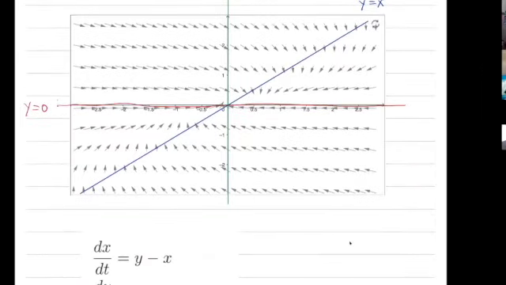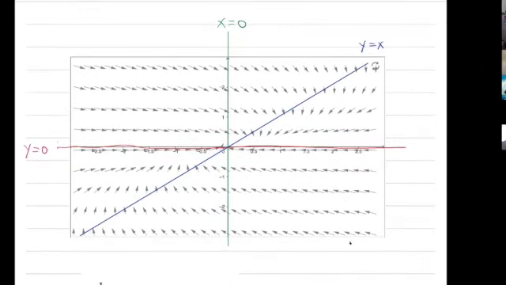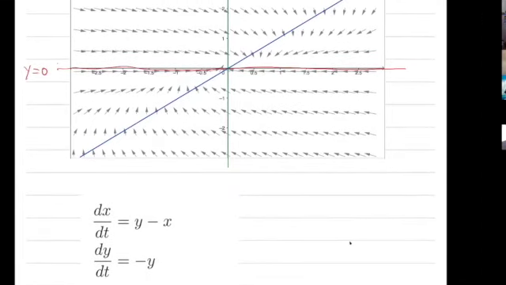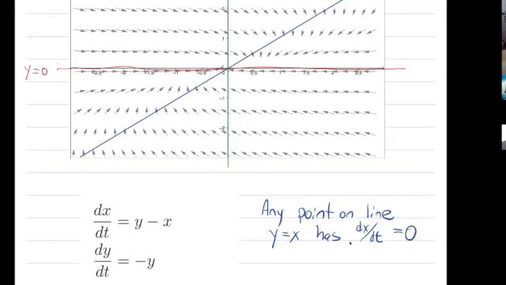Okay. So here's the vector field for that example, which was dx dt is y minus x, dy dt is minus y. So I drew a couple of lines in here. And one thing that we might have noticed in our table has dx dt equal to 0, right?